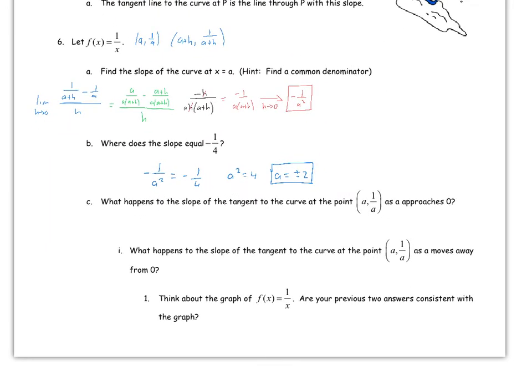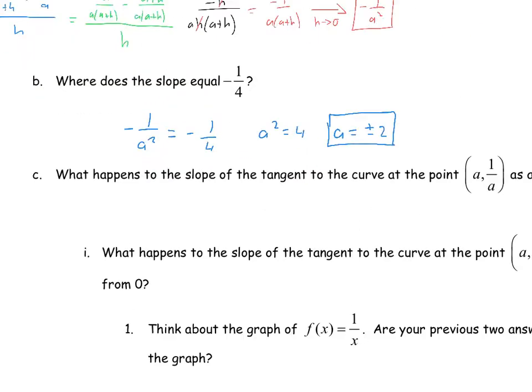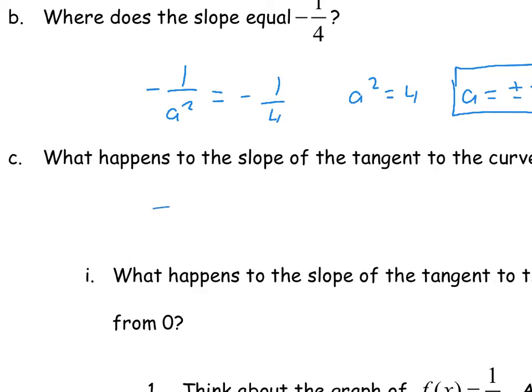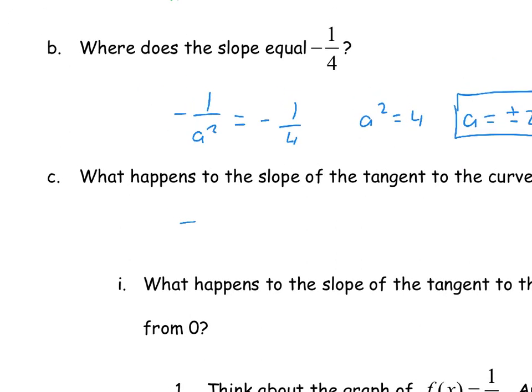Part C, what happens to the slope of the tangent to the curve at the point (a, 1 over a)? So we're looking at the slope of the tangent as a approaches 0. So remember, our slope of the tangent is negative 1 over a squared.